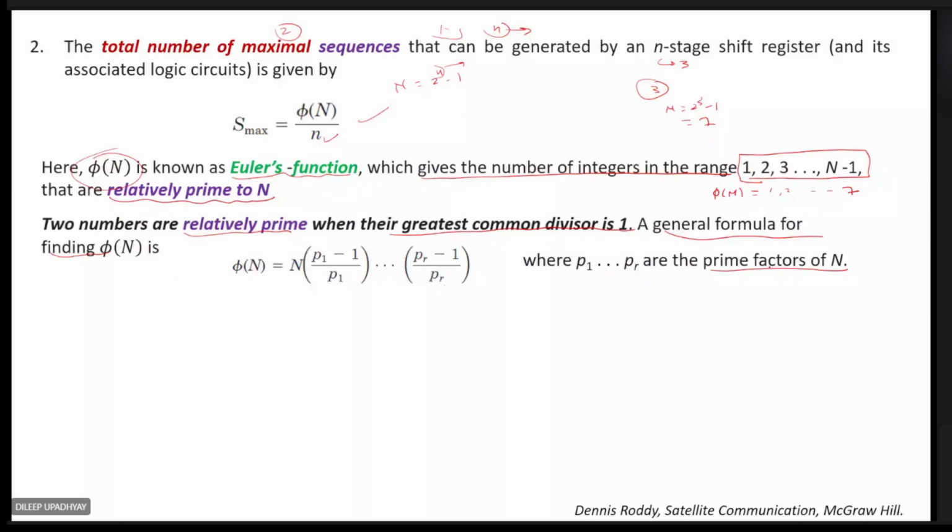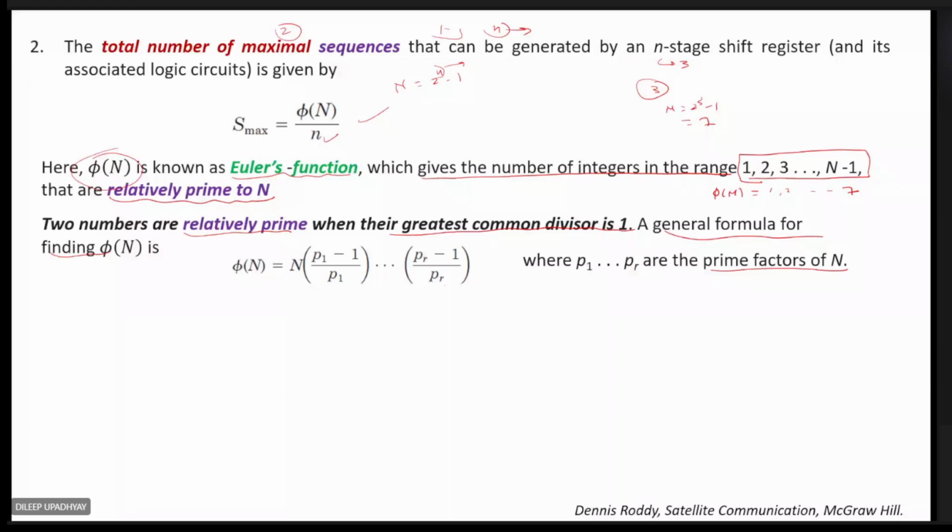Suppose there are 3 prime factors of N, then we consider p1, p2, p3. Putting these in the formula, we get phi N, and from it the total number of maximal sequences.